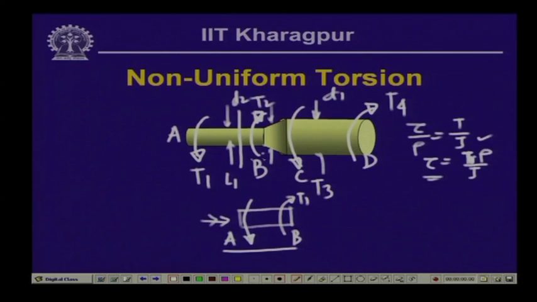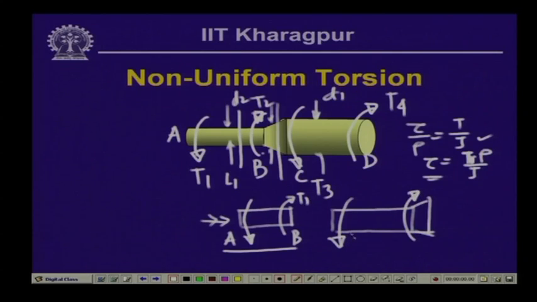Now, if we consider a segment between B and C and cut it off, then the twisting moment that will be acting here is T 1, and here we have T 2.